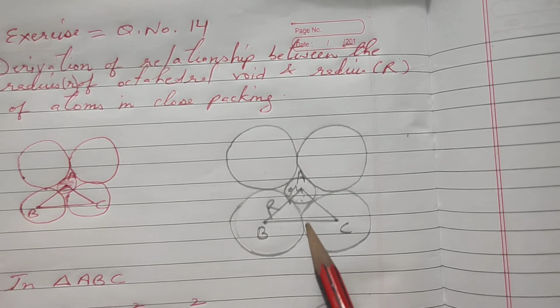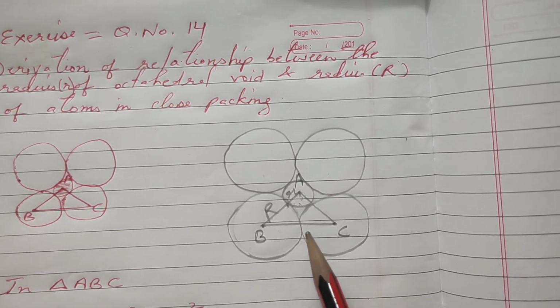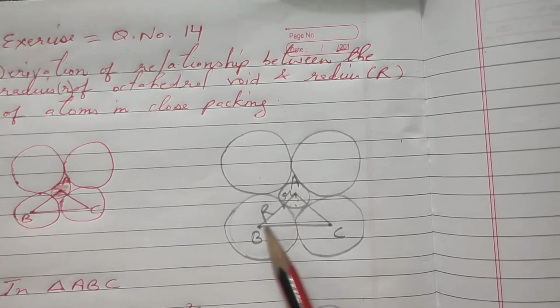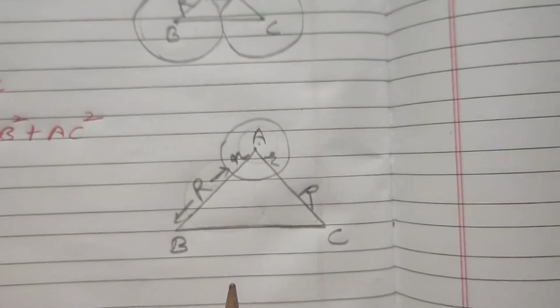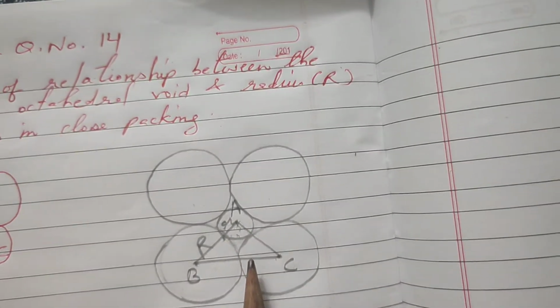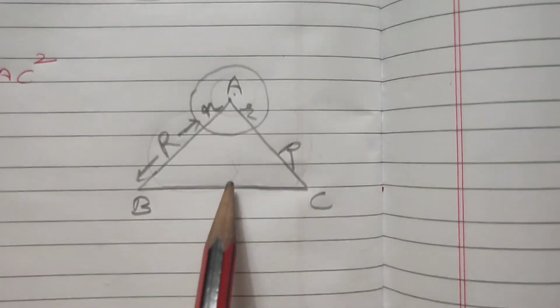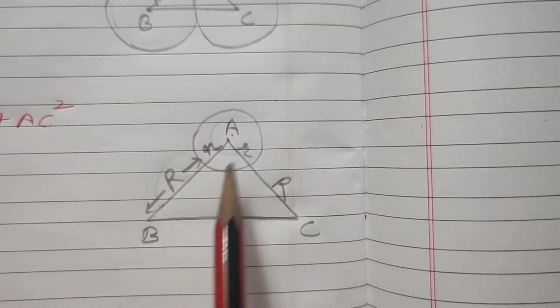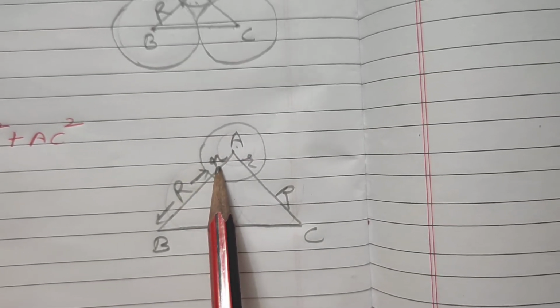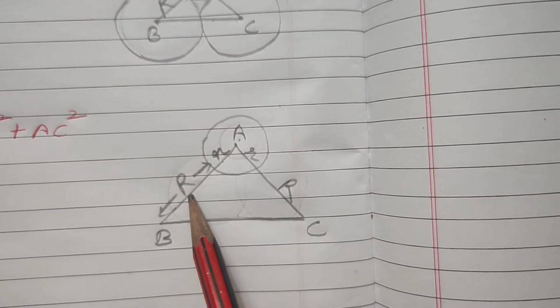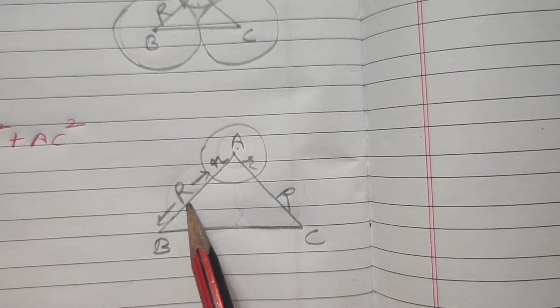So make this triangle ABC. You can simplify it, and draw this triangle here. Small r is the radius of the void and capital R is the radius of the sphere.